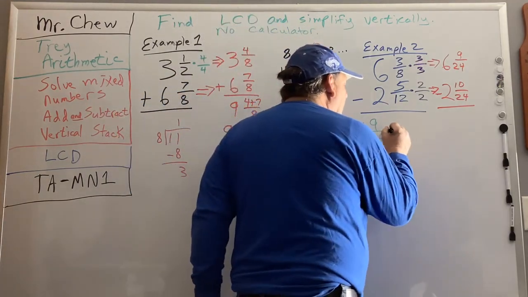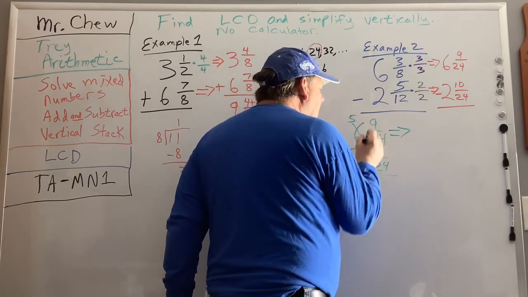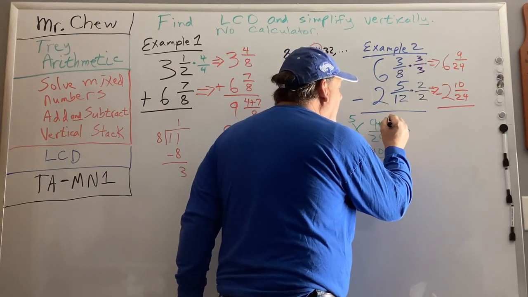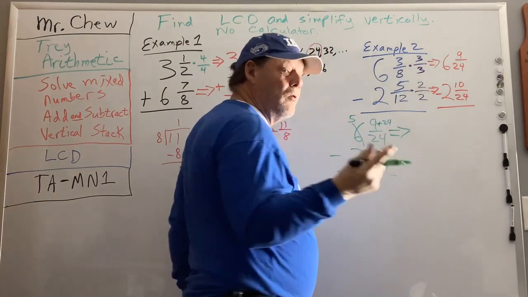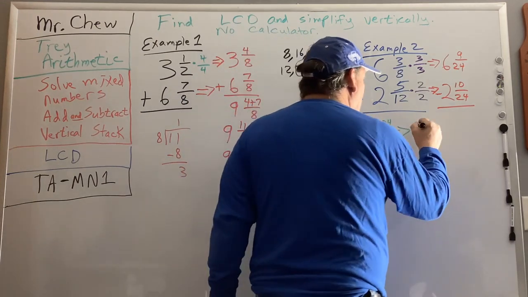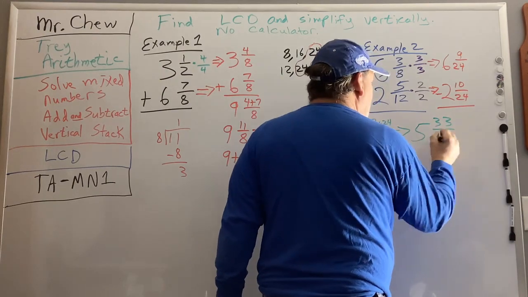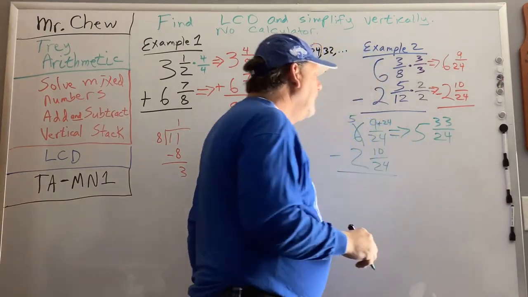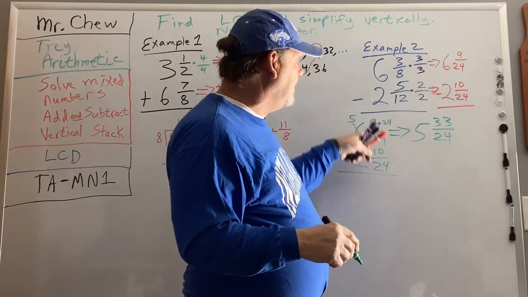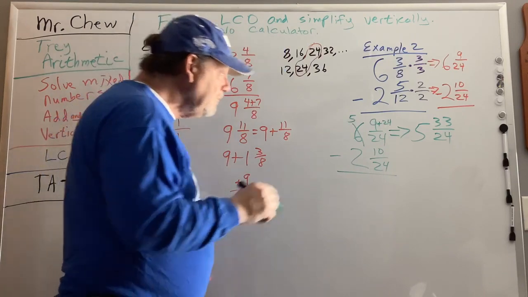When I borrow from this 5, I'm borrowing 24 over 24, because 24 over 24 is 1. So 9 plus 24 means that I can rewrite this as 33 24ths. Because 5 and 33 24ths is the same as 6 and 9 24ths. You could do it the same way that we did over here.